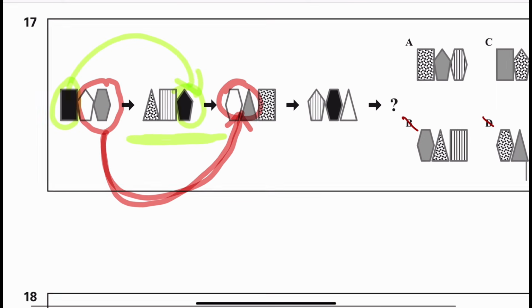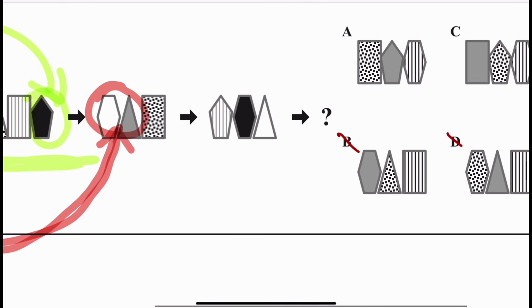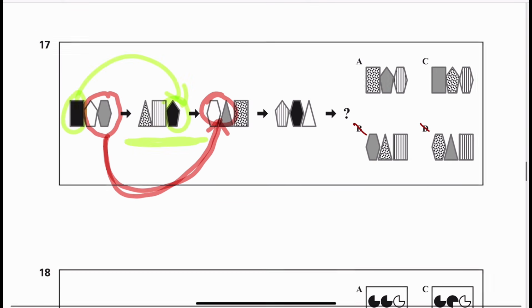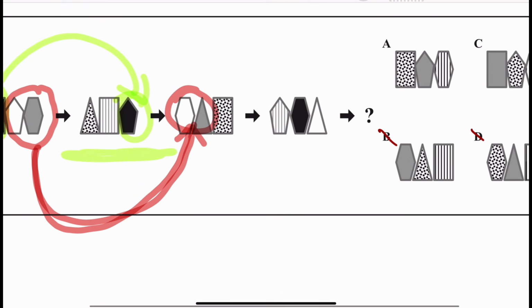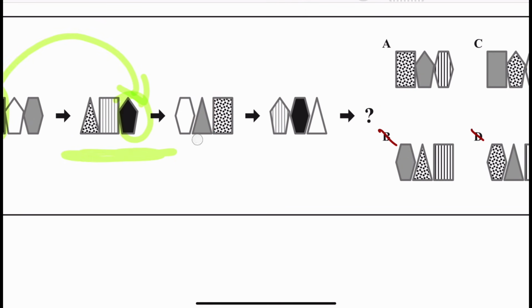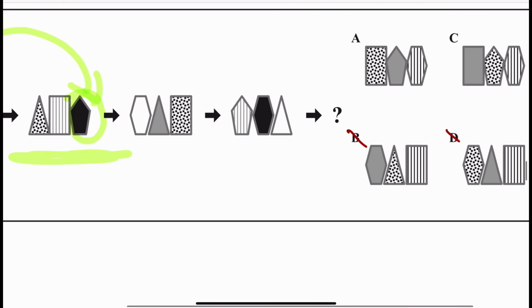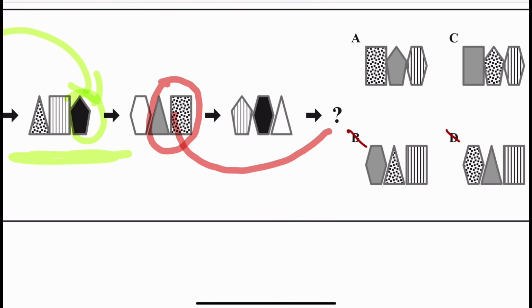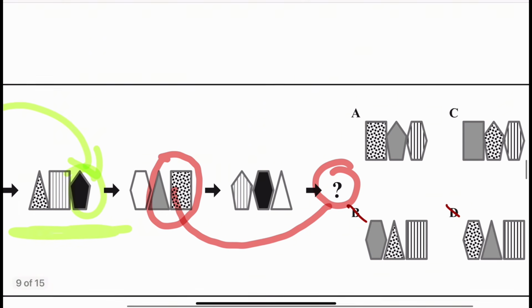So let's look at this, all right? Here, using that same knowledge, we have a gray triangle and a dotted rectangle. So this will become the first two colors of the question mark box, where our final figure is going to be.